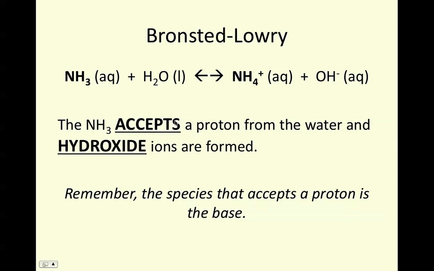In this case, if you compare left to right, H2O has lost a hydrogen ion as it goes from being H2O to OH-, and NH3 is going to accept the proton from water, and because of that we have a hydroxide ion formed, thus producing a basic solution. So keep in mind, especially with ammonia, because it's accepting that proton and forming hydroxide ion, we're able to produce a basic solution.